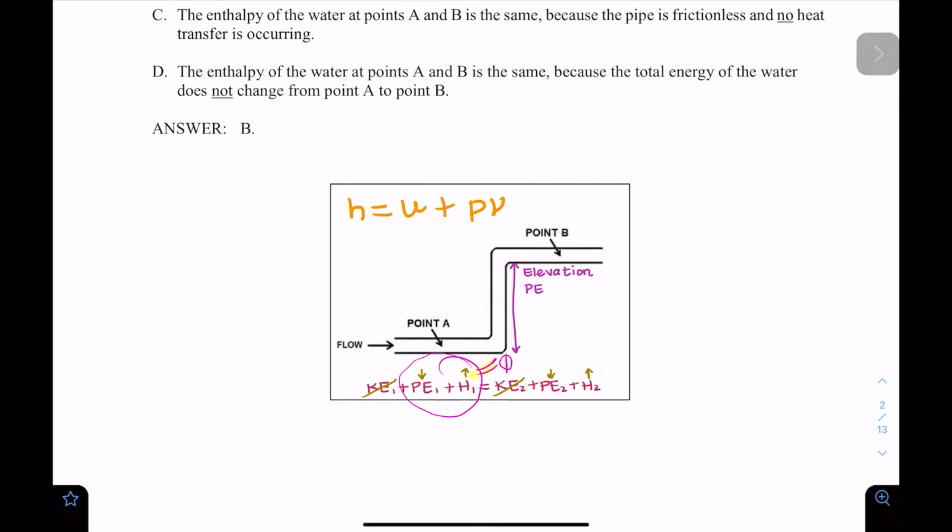For this part, we know that the only thing that we are changing here is the elevation. This is one of the things that we are changing on both sides, right? So we have the elevation that is changing in here.